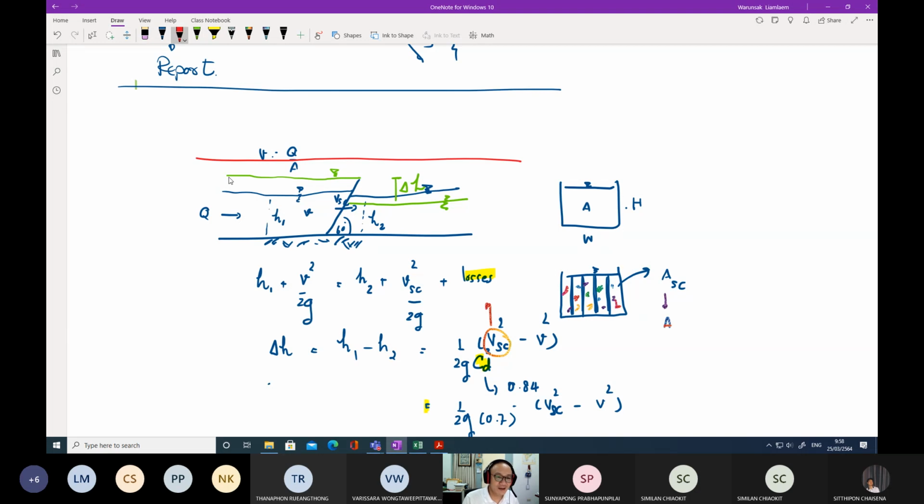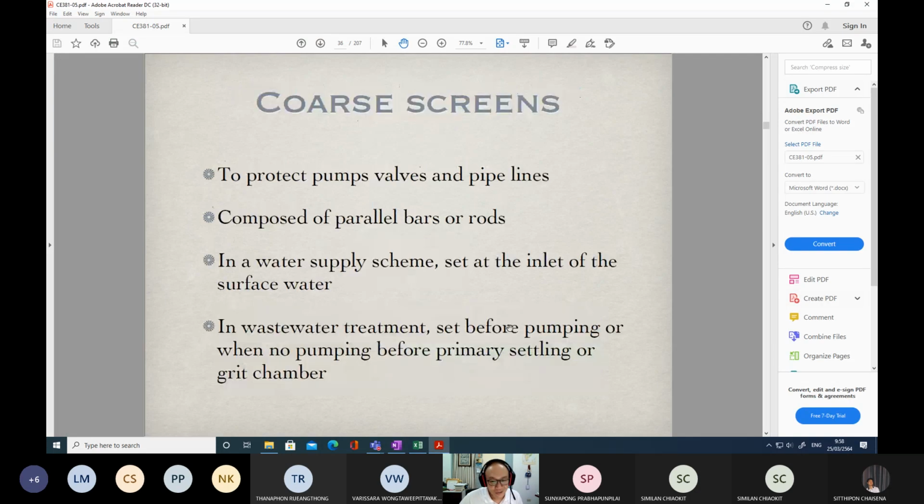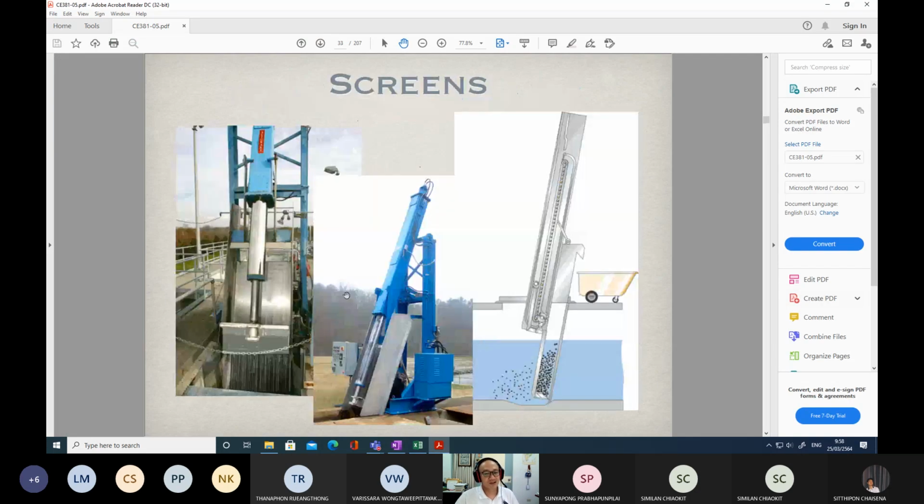We may put some kind of sensor or floating switch, and if the water level reaches these points, it will command the mechanical equipment to clean the screens. This is called the mechanical screen. The screen looks very simple, but it requires mechanical equipment, as you can see in these photographs.